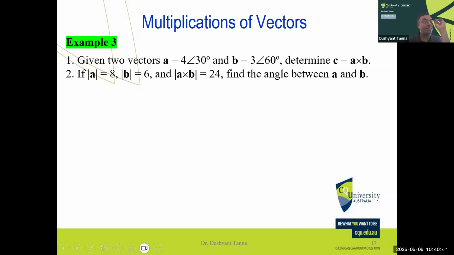Let's take an example to understand this. Given two vectors A and B, determine C equal to A cross B. We make up the same data just to put a comparison. Let's do the first one. C is equal to A cross B. What was the definition of cross? You multiply the magnitudes, the sine of the difference of the angles, and the C cap.